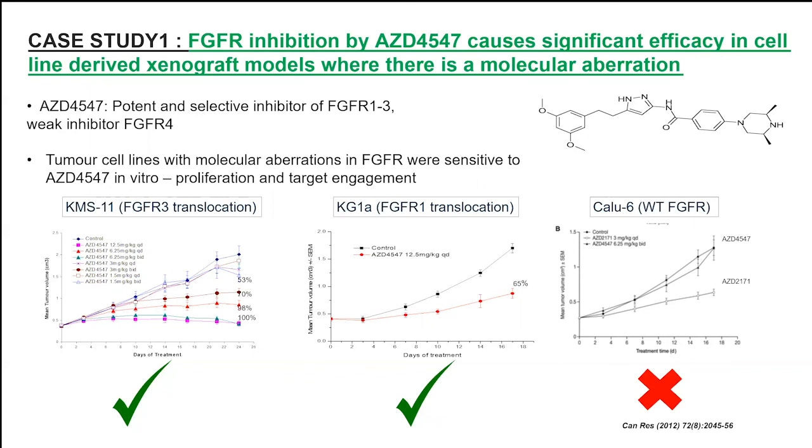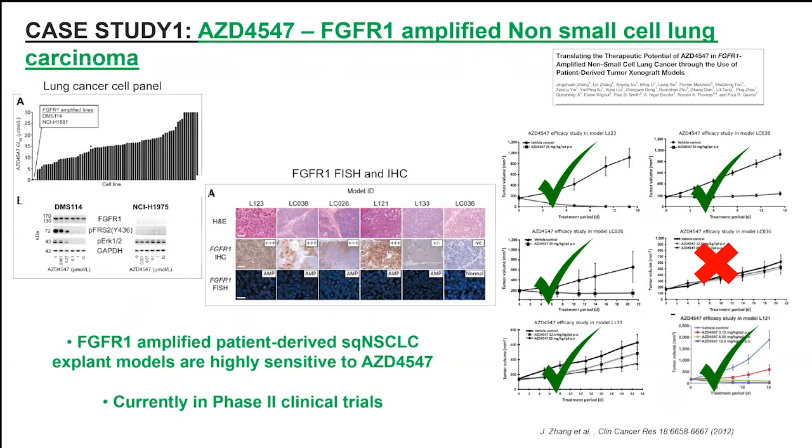As this project progressed, the disease area changed and a focus on lung cancer was emerging. FGFR1 was shown to be amplified in lung cancer. If you look at the left-hand side of the slide, this waterfall plot shows various lung cancer cell lines and sensitivity to the FGFR inhibitor.